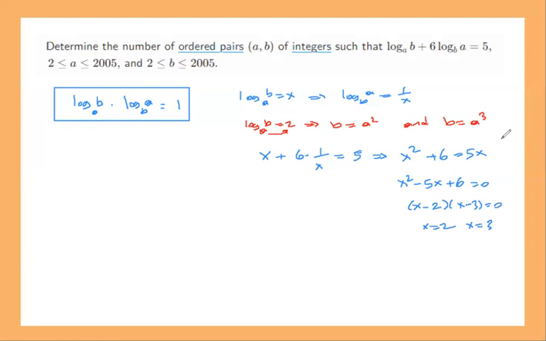This is good so far, but let's use these two to get what we want. The question was the number of pairs A, B as integers, where A has to be at least 2 all the way to 2005, and B is the same. We know A is squared to get B or cubed to get B. So it's better to think about what are the perfect squares or perfect cubes that are not going to be larger than 2005.